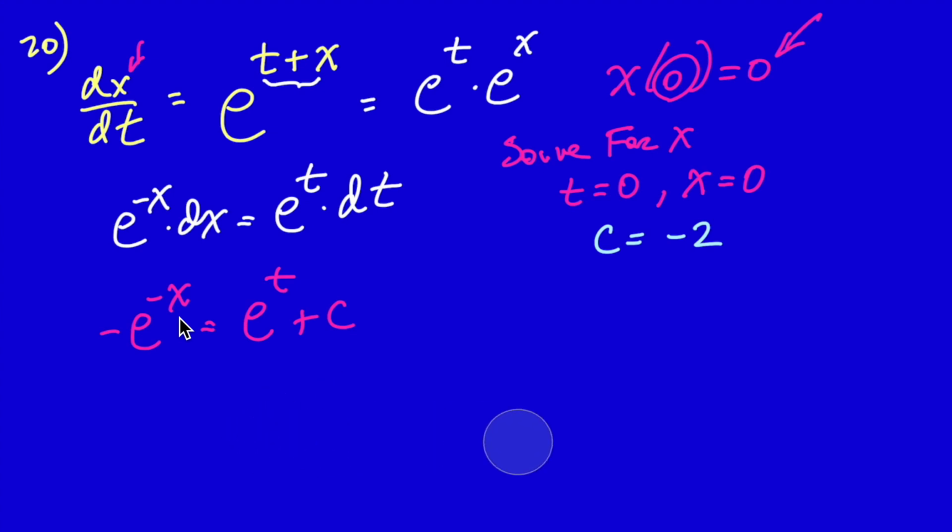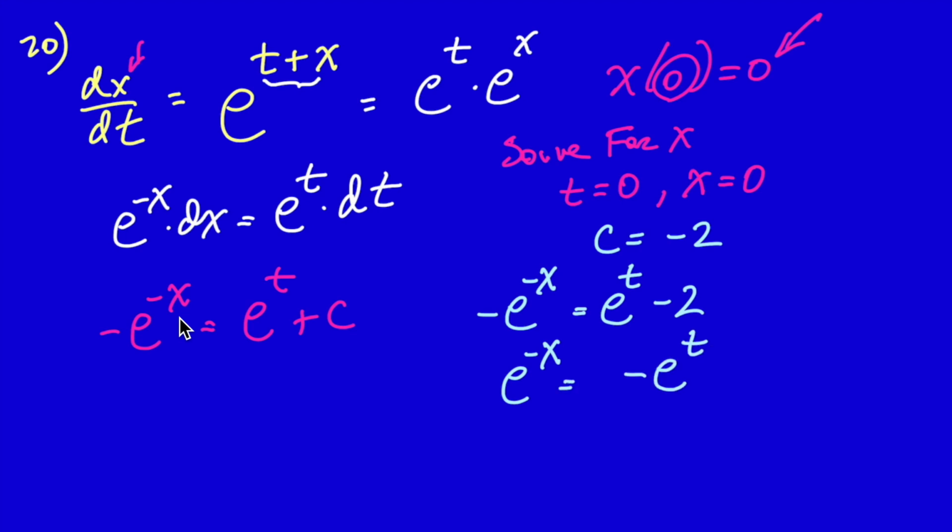Okay, we're going to rewrite this, and then we're going to endeavor to solve for x. We have negative e to the negative x equals e to the positive t minus 2. We're going to multiply through that negative, and we're going to get e to the negative x equals negative e to the t plus 2. We're going to take the natural log of both sides, and that's the natural log of the entire right side.